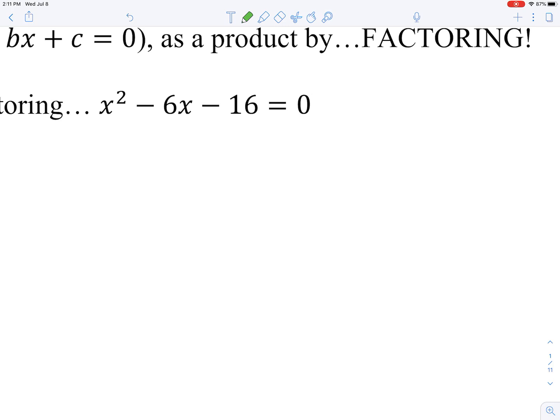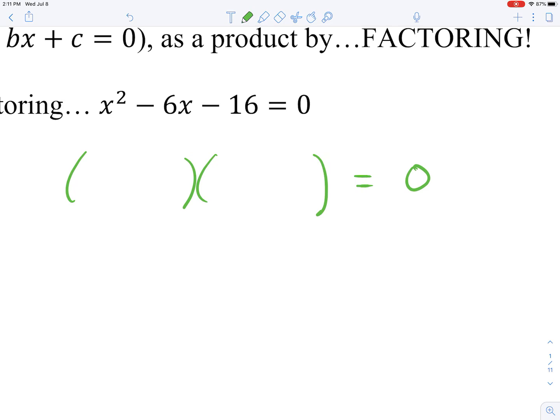Okay, so let's look at this equation we have here, x squared minus 6x minus 16 equals 0. Let's try and solve this equation by factoring, meaning we're going to try and rewrite the left-hand side as a product.